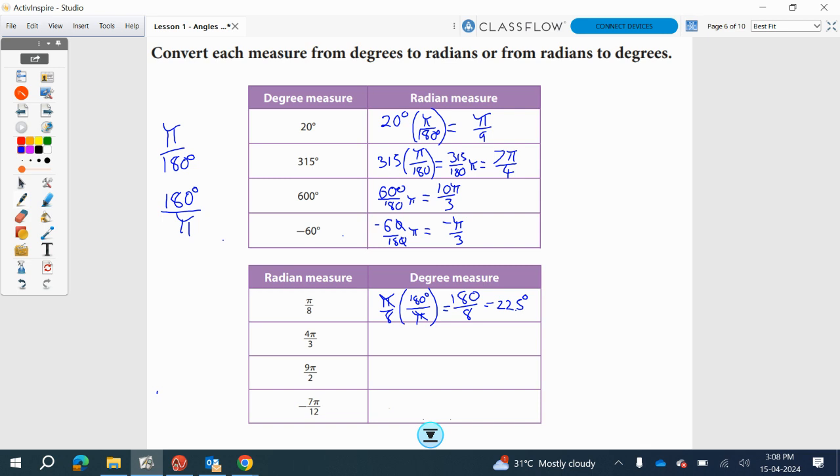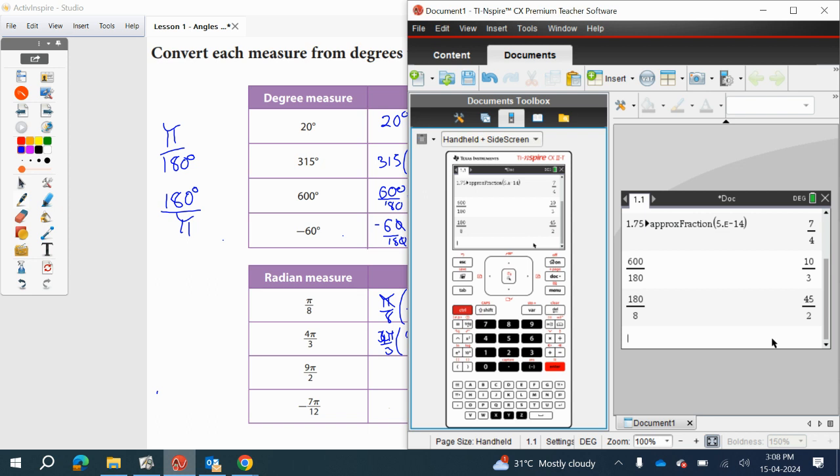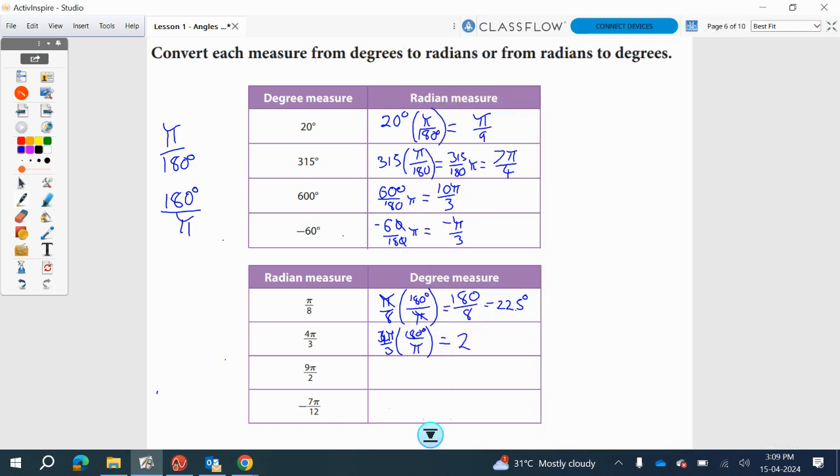Next, 4 pi over 3. We're going to multiply by 180 over pi. On the calculator, I'm going to do 4 times 180 over 3, 240 degrees, and so on.